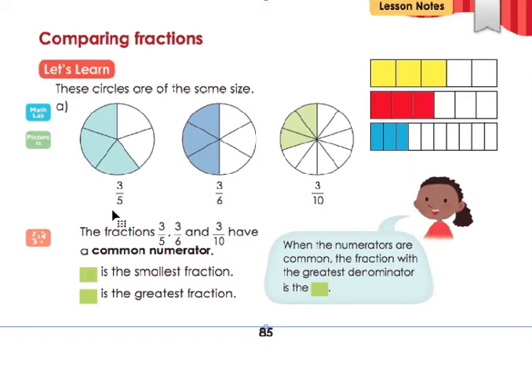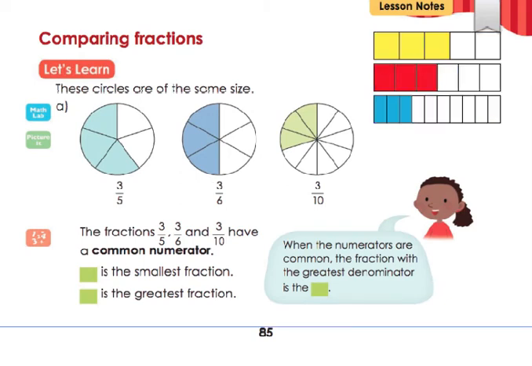So if it's hard for you to memorize the rule that the greatest denominator is the smallest fraction, then trace or draw your 3 rectangles, divide them into the parts they tell you to divide, and color the fraction. That way it's easy to compare. When you draw it like here, now we can write the fractions in order.